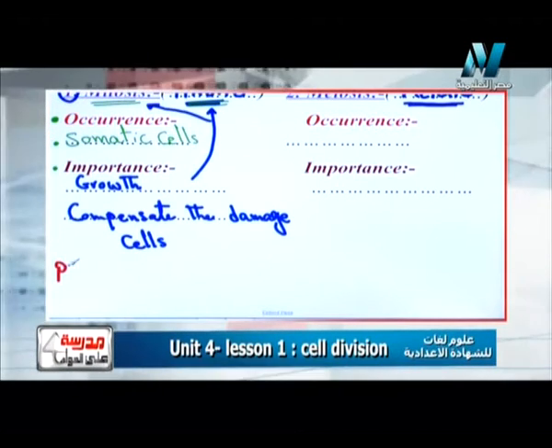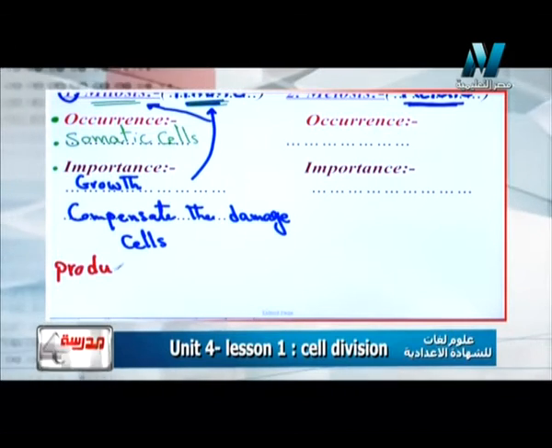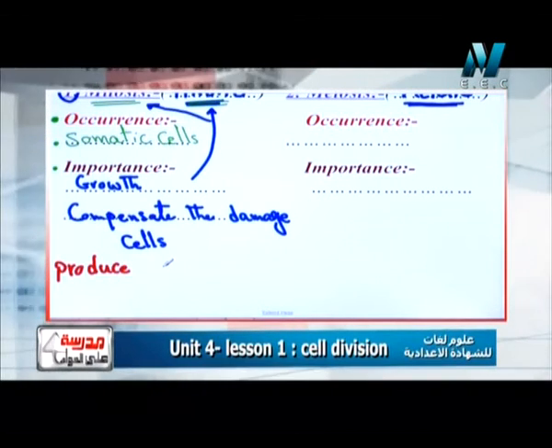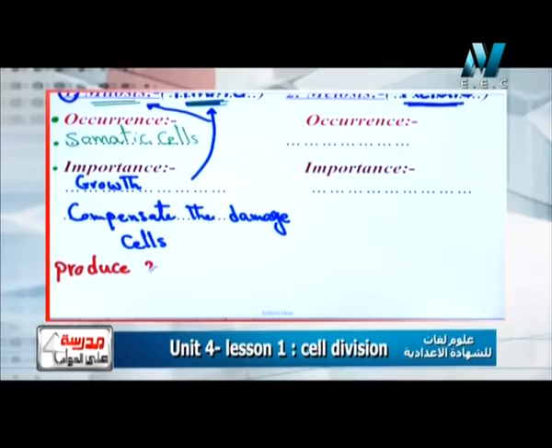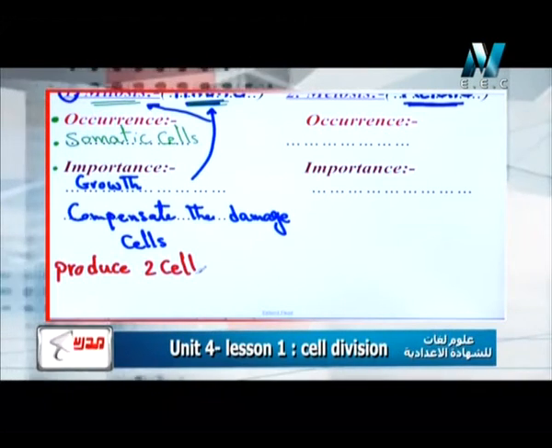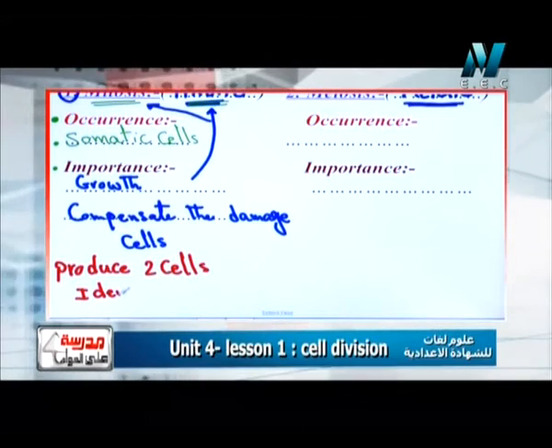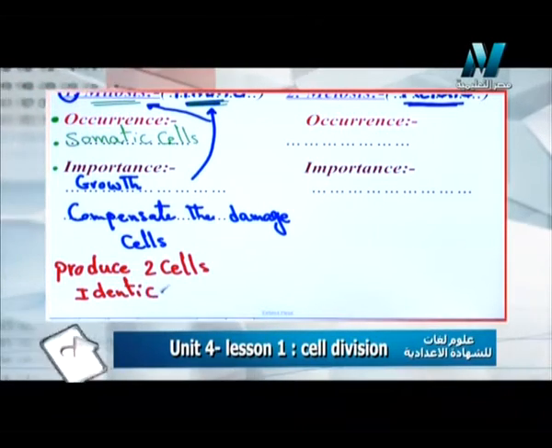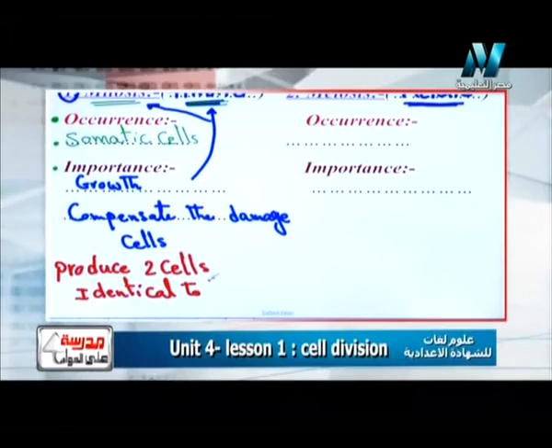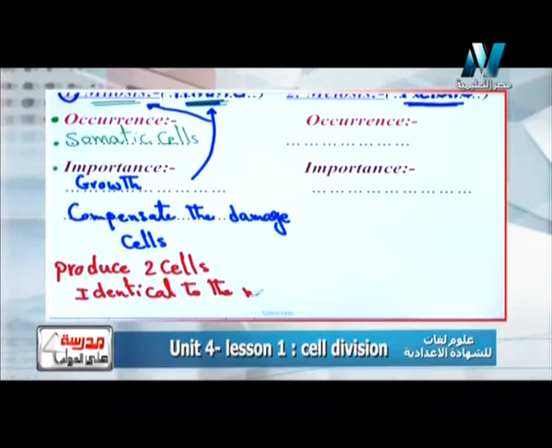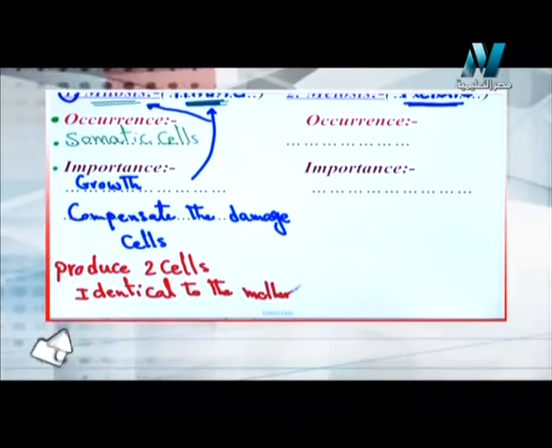Because this mitosis division produces, pay attention to the word mitosis, two cells. Produces what? Two cells identical to the mother cell.